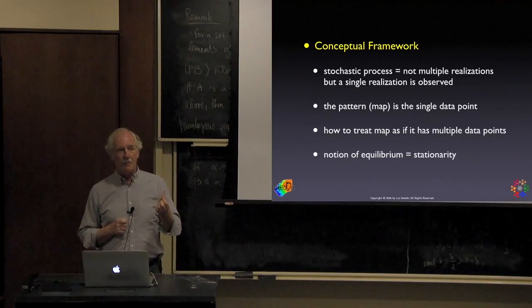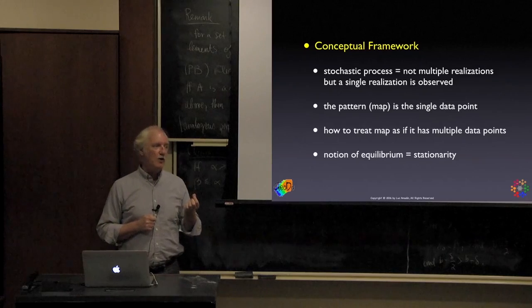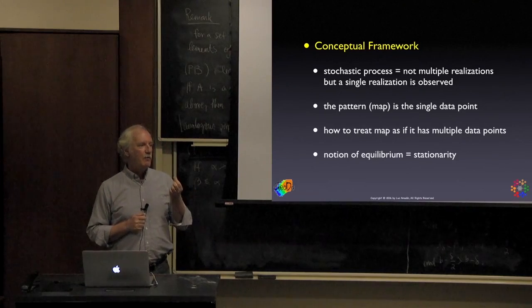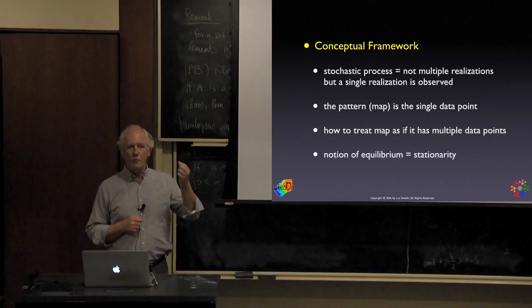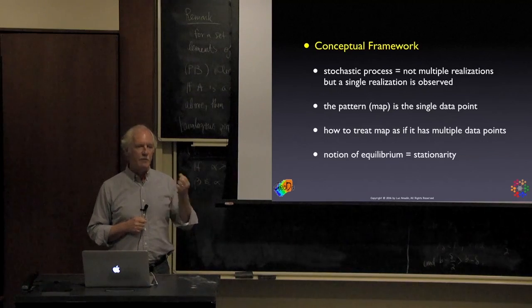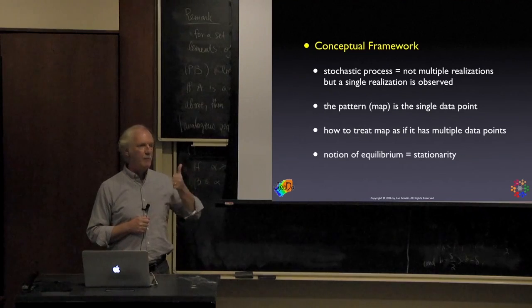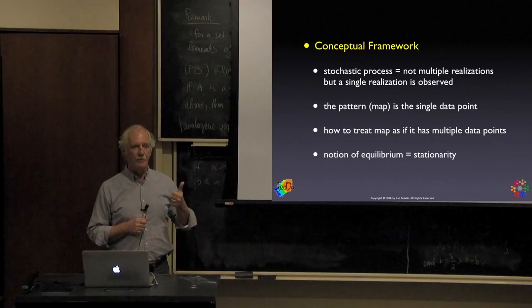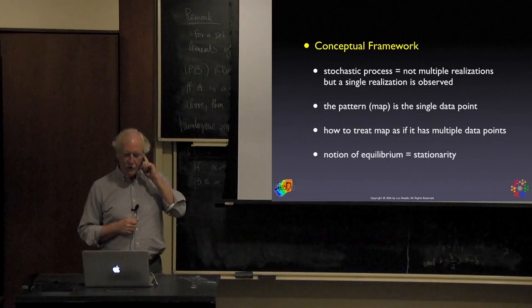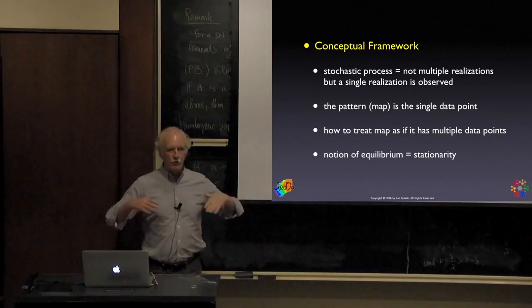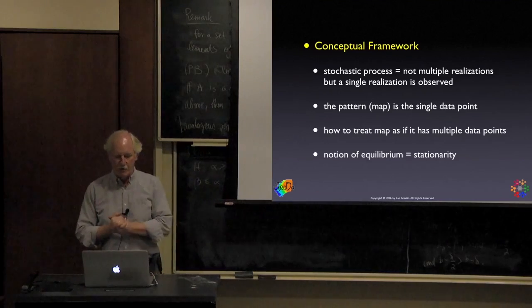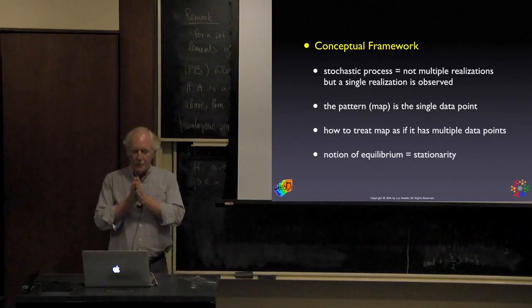And we're going to be clever by imposing structure on the process so that we can actually deal with the individual sensor points as if they were individual observations, not the 30 points together as one pattern, as one N, right? And the way we can do this is by imposing a notion of equilibrium, and we'll get there in a few times.